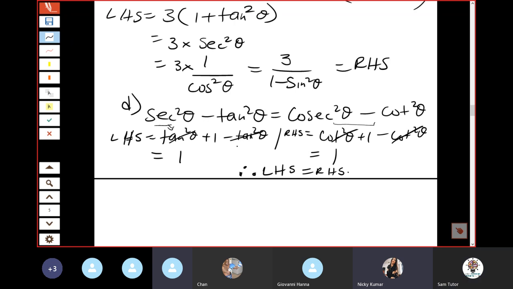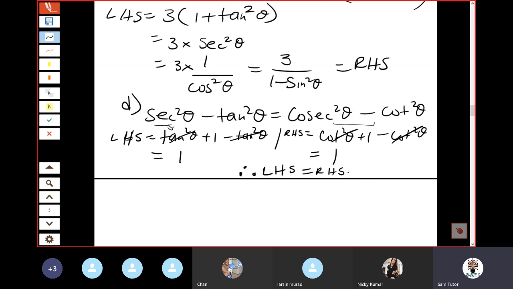Can you do it again? Yep. So, do you know sec squared is tan squared plus 1? Have you memorized that now? Yep, good. And you memorized that cosec squared is also cot squared theta plus 1? Yeah. Good. Okay, so left-hand side is tan squared plus 1, and then I left this, minus tan squared. This cancels out with this.